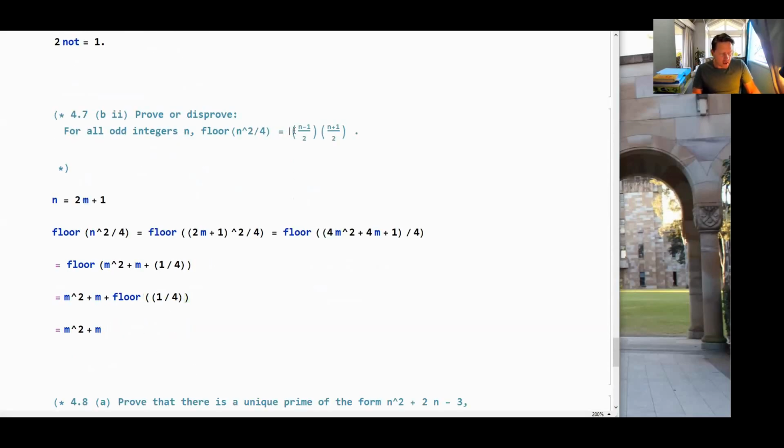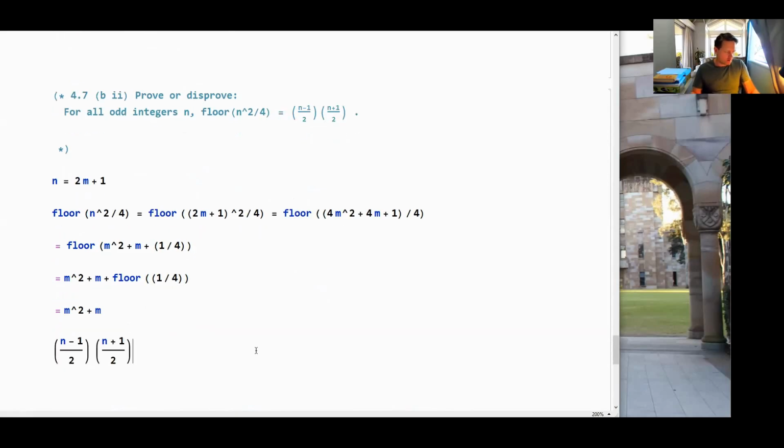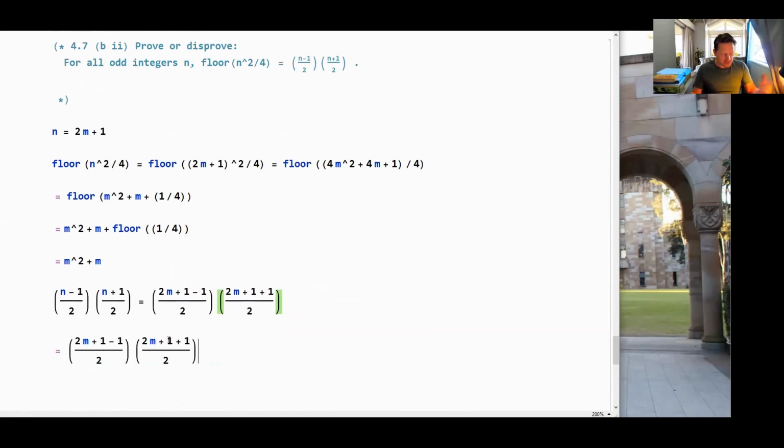Now let's have a look at the right-hand side, because that's meant to be the same. Now we sub in n equals 2m plus 1 in each of the n's there. And then we just simplify, and we'll see that it's the same.